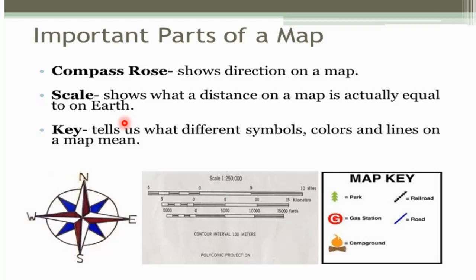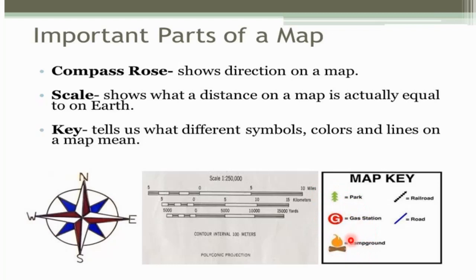Number 4 is key. Map key. Map key is a set of signs and symbols. It tells us what different symbols, colors and lines on the map mean. For example, we have a map key. Here we have a sign of a tree which shows a park.